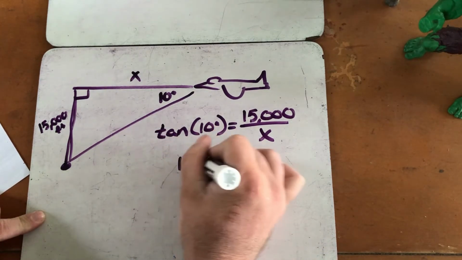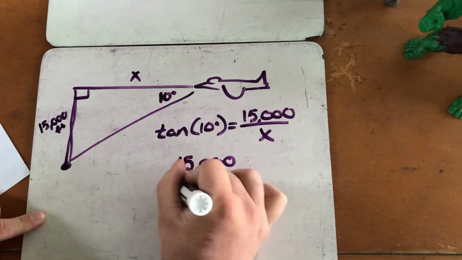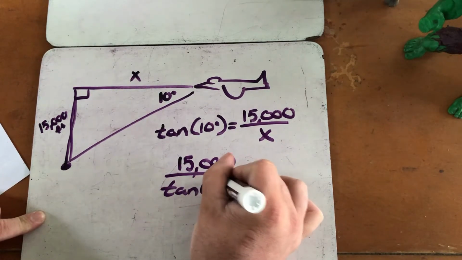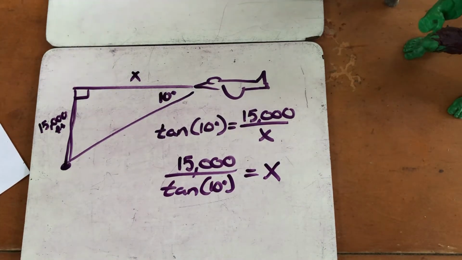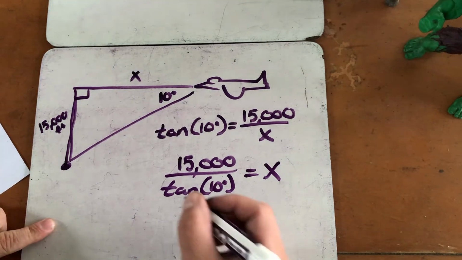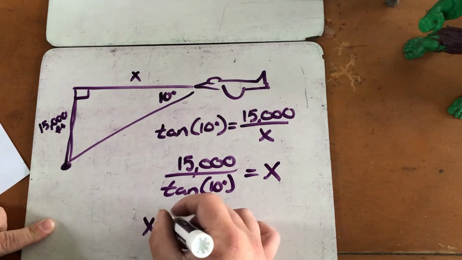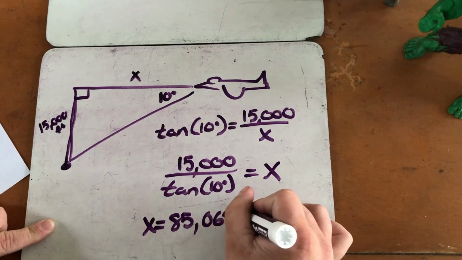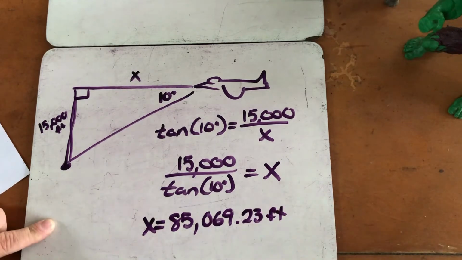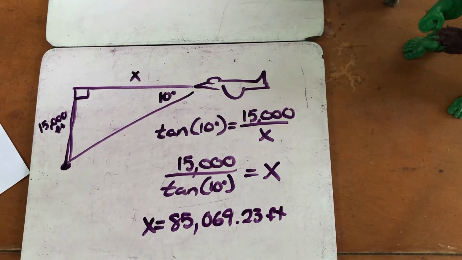So I have 15,000 divided by the tangent of 10 degrees, which equals x. When I do that, I find out that x is 85,069.23 feet away. So the plane is 85,069.23 feet away if the angle of depression is 10 degrees and it is 15,000 feet off the ground.